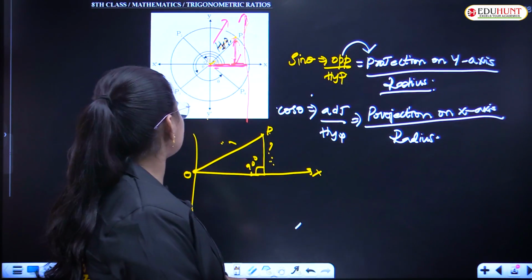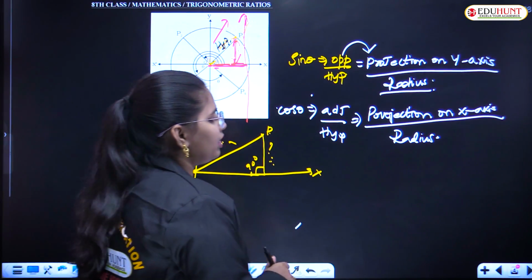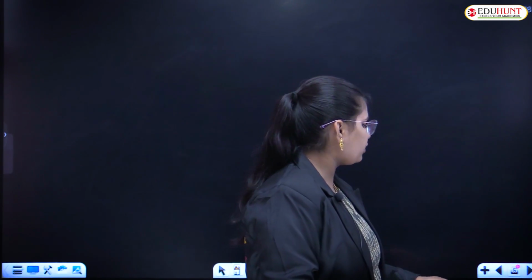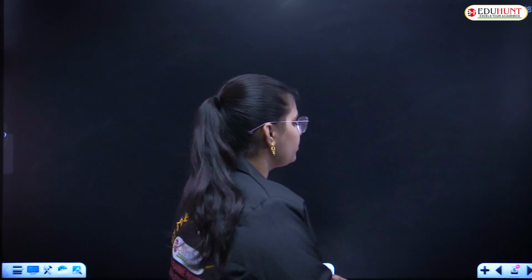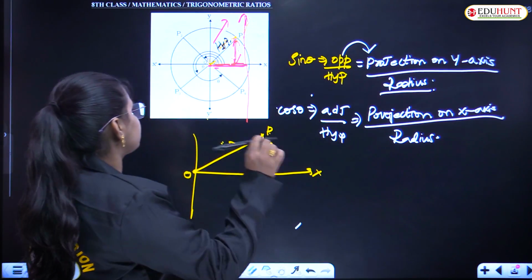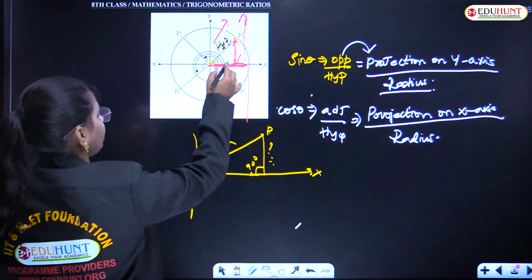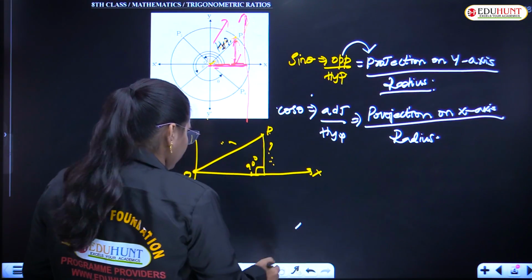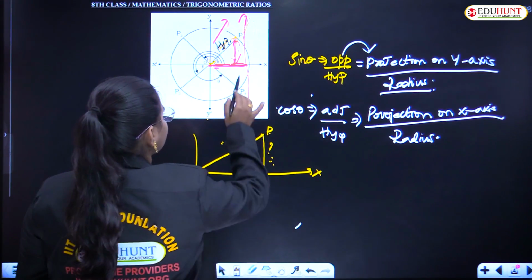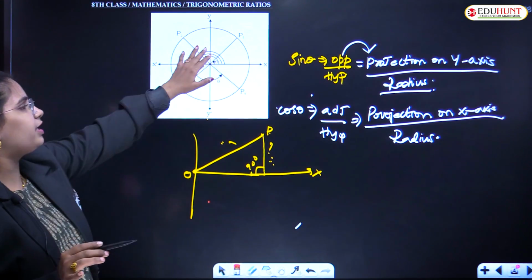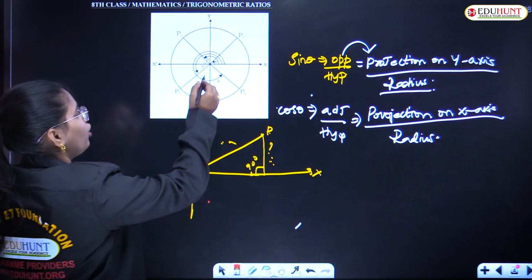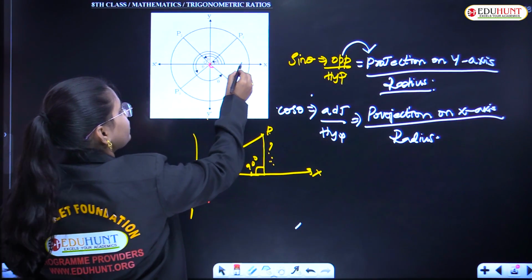Next, what are the signs of trigonometric ratios in the possible cases? For example, if I take the first quarter part, how is sine theta defined?